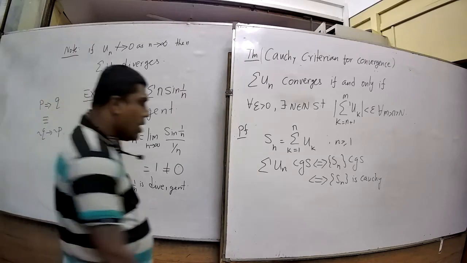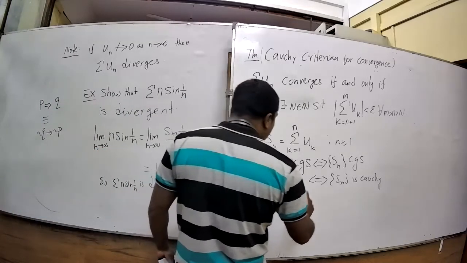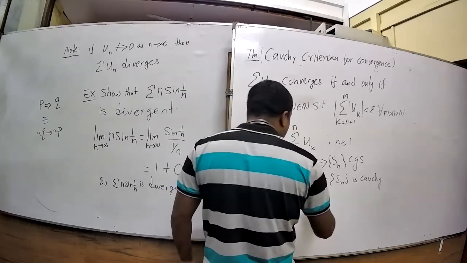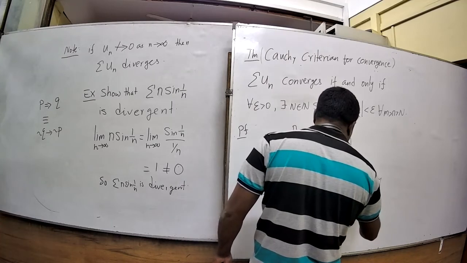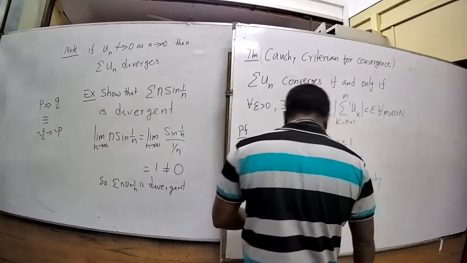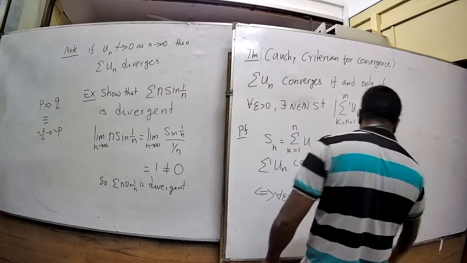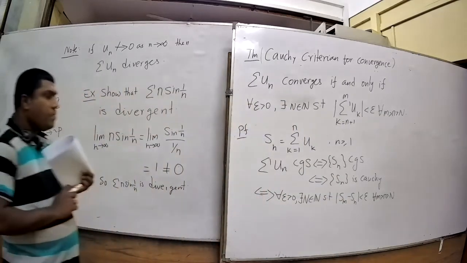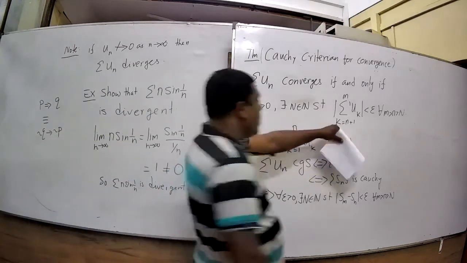If this is Cauchy, then you know for every epsilon positive, there exists N belonging to the natural numbers such that S_m minus S_n is less than epsilon for all m bigger than n bigger than N. But S_m minus S_n is actually this term. We can easily see that.